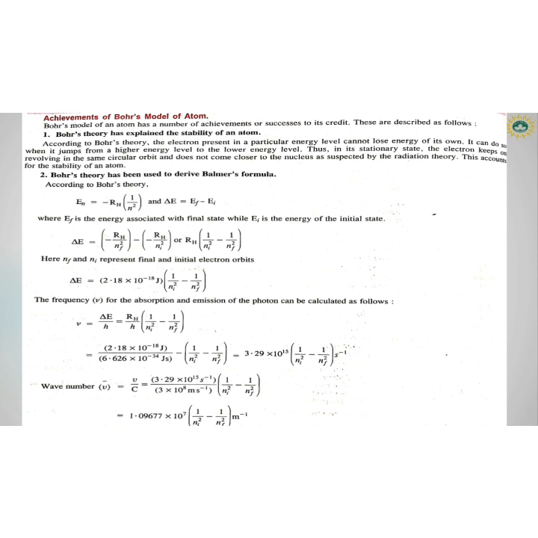That means whatever value you get, you have to divide by the speed of light c, that is 3 into 10 to the power 8 meter per second. If you calculate it, you will get 1.09677 into 10 to the power 7 into 1 by Ni square minus 1 by Nf square meter inverse.